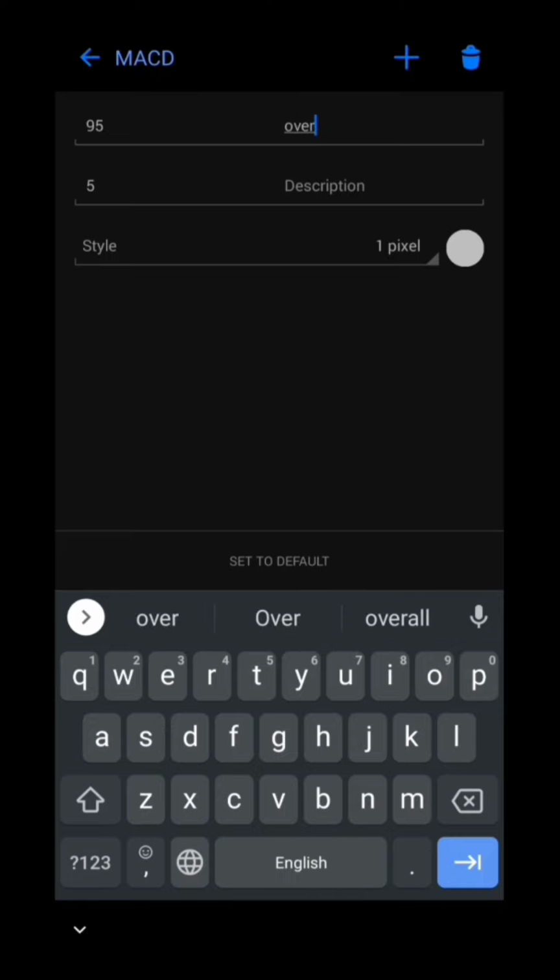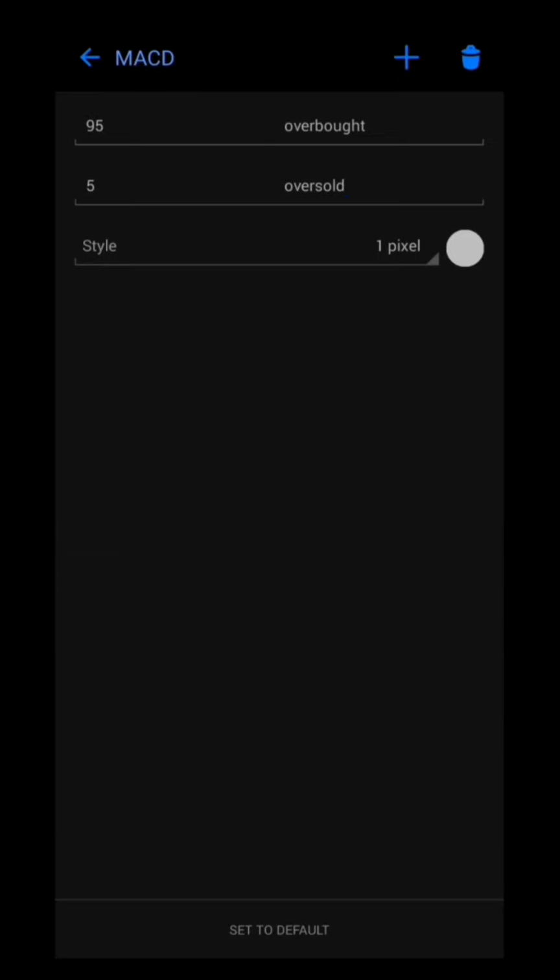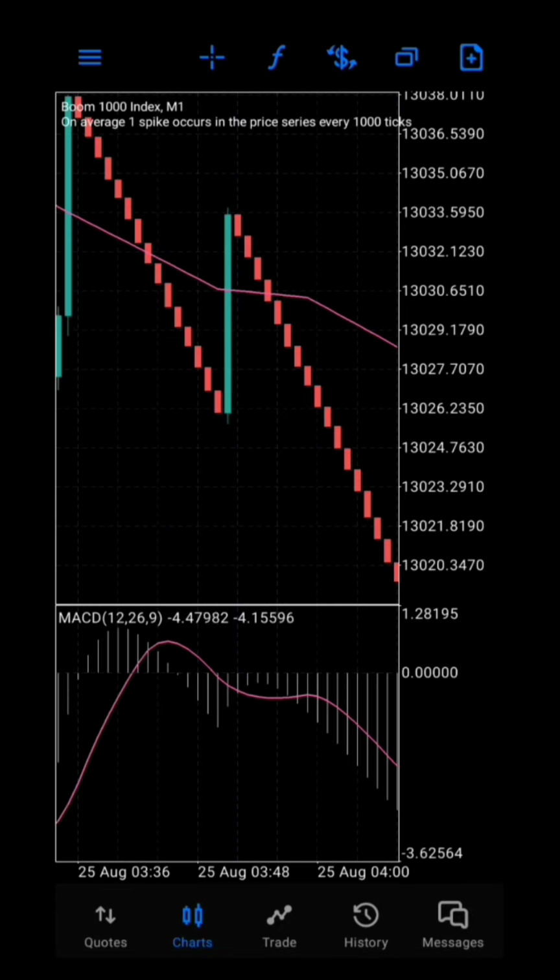This is the overbought and this is oversold. Now what do overbought and oversold mean? It's that point where people have bought that particular index so much that there has to be a coming down. The orders are so many that it has to retrace.